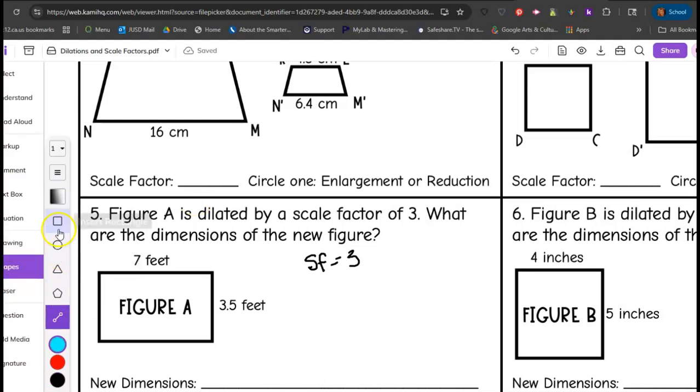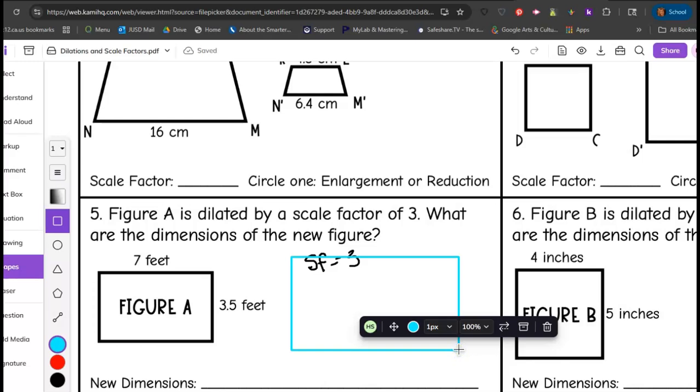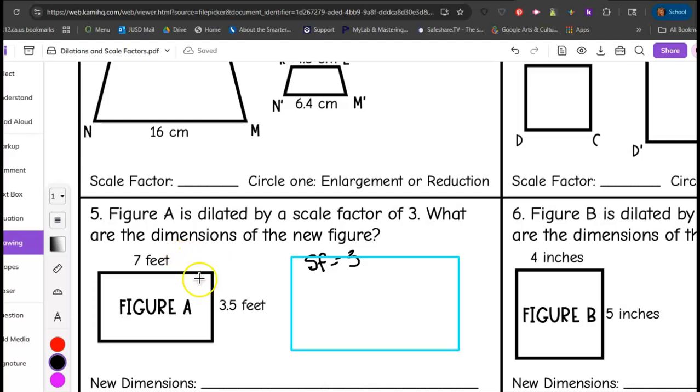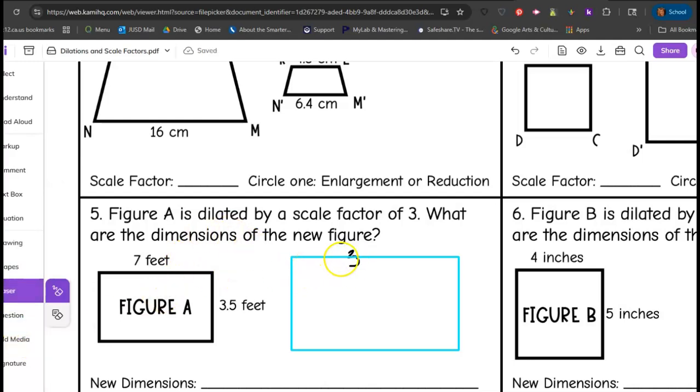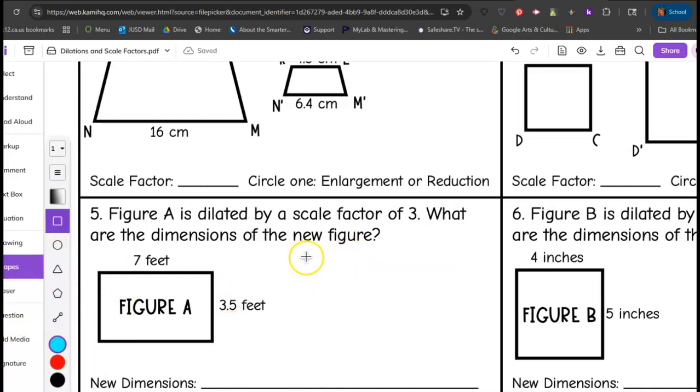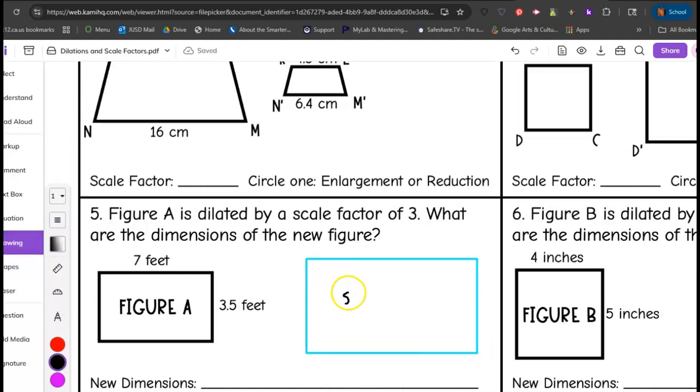So I'm going to create figure B. And figure B has to be larger, right? So I'm going to take my same sides. I'm going to erase my scale factor of 3, and I'm going to put it inside my box. So I'm going to put SF equals 3.